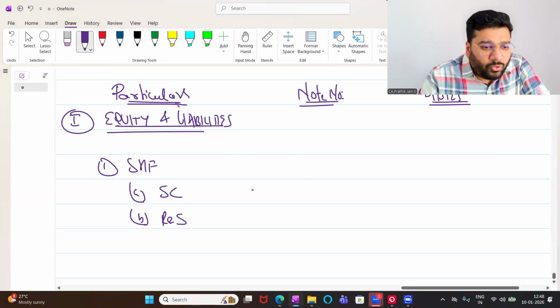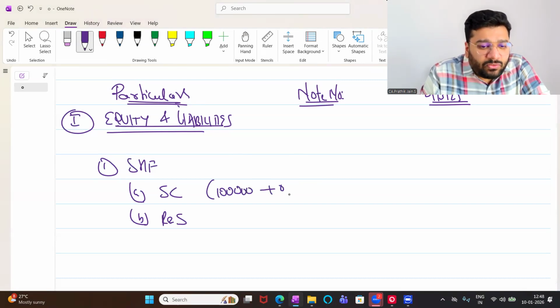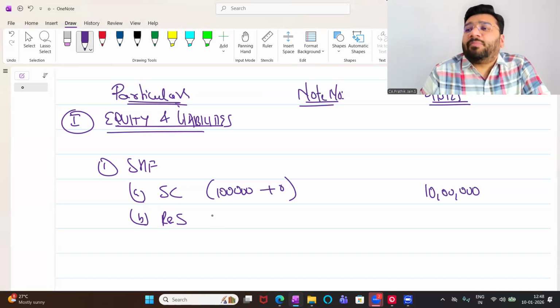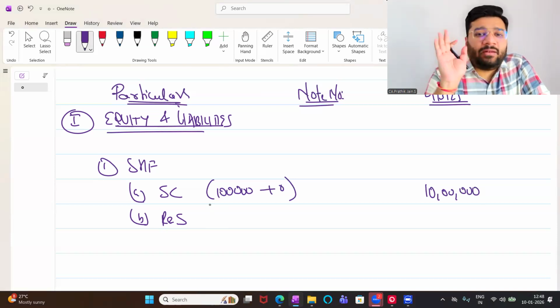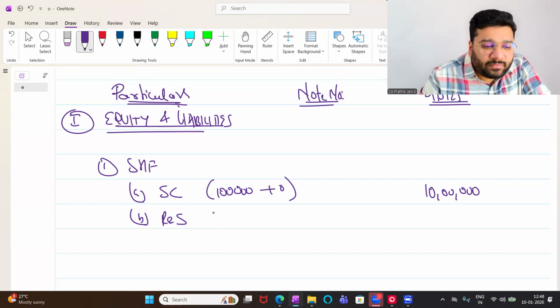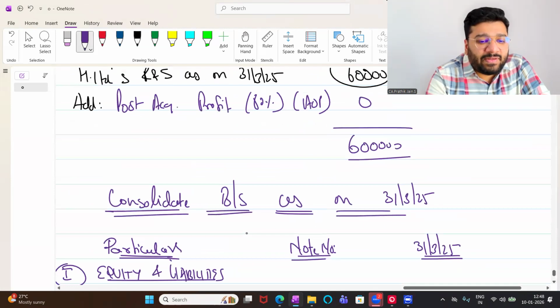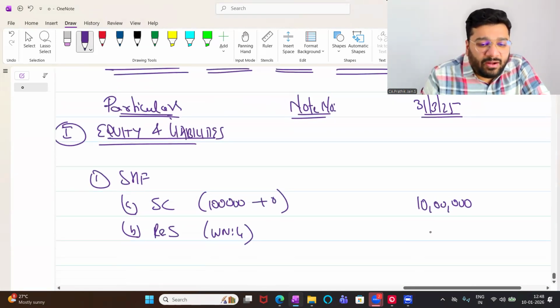Concept I'll explain. Don't panic. 10 lakh plus 0, 10 lakh. Reserve and surplus. Don't apply your brain. Already working note is over. Working note number 4. How much is your reserve and surplus? Total 6 lakh rupees.